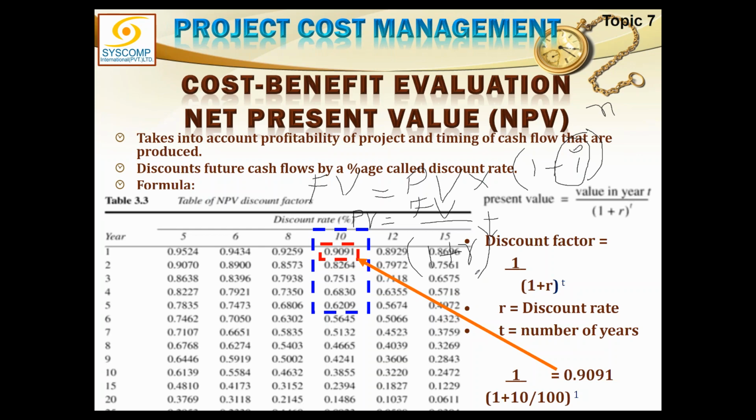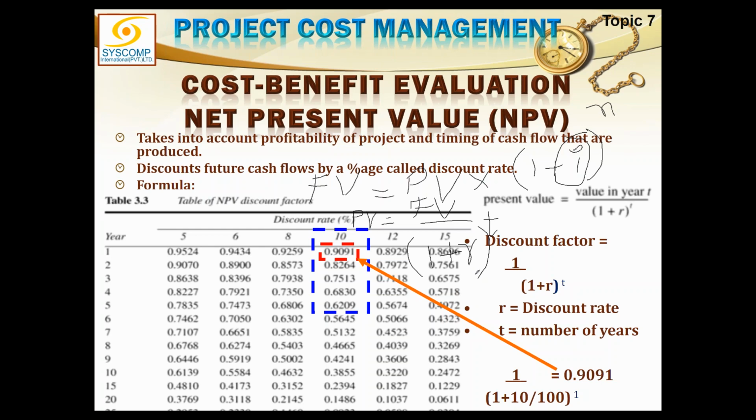So basically, this net present value thing is finding the present value of future money. And this is exactly the reverse of compound interest.